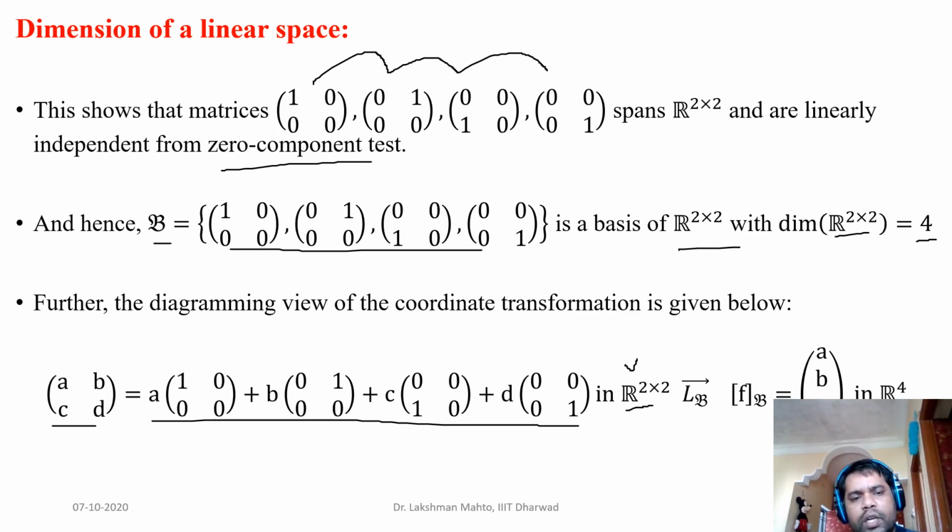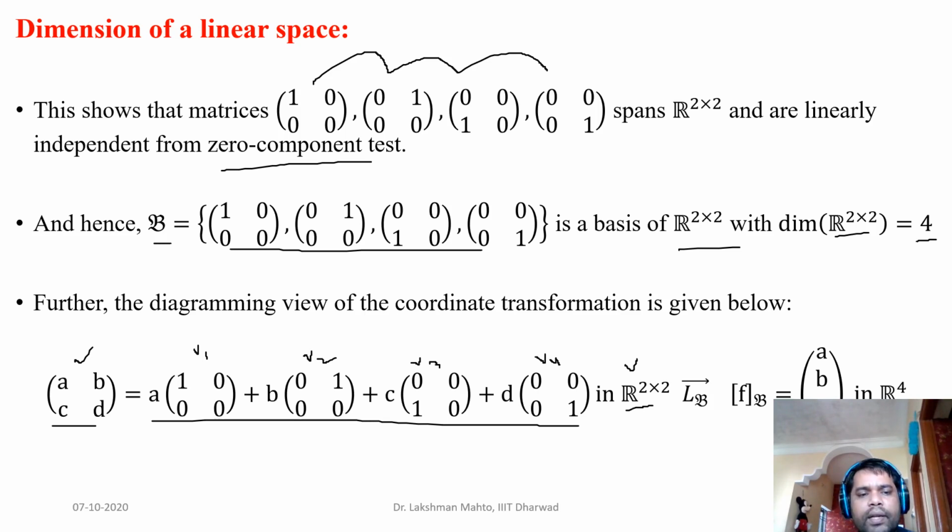So what are the coefficients of this 2 by 2 matrix in terms of this basis element? This basis element you can call V1, and this one V2, V3, and V4, or otherwise you can call them F1, F2, F3, F4. There is no issue.